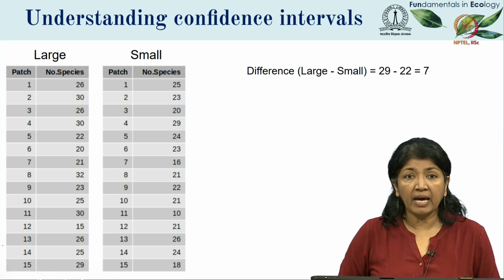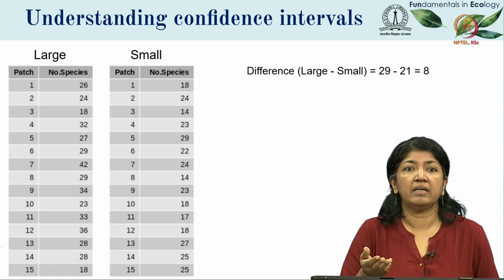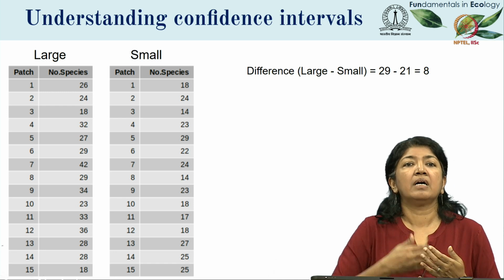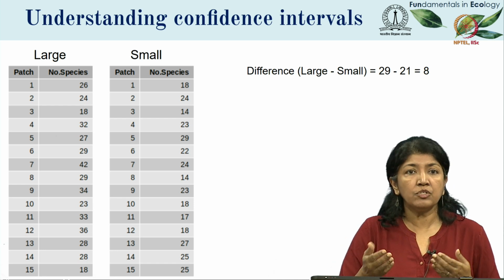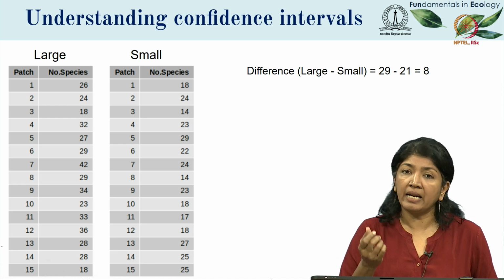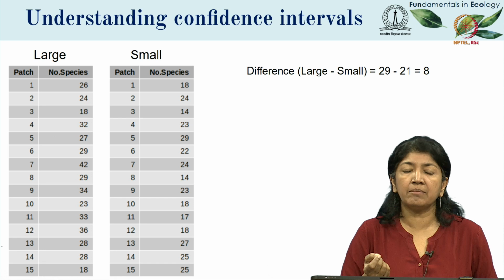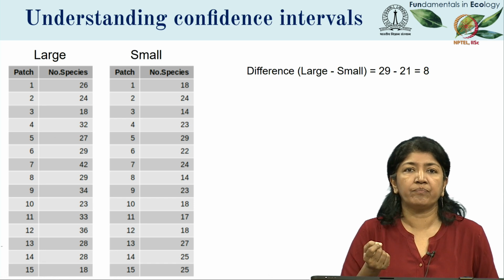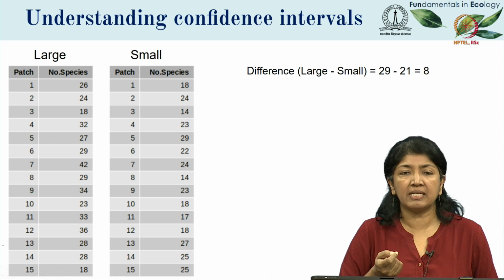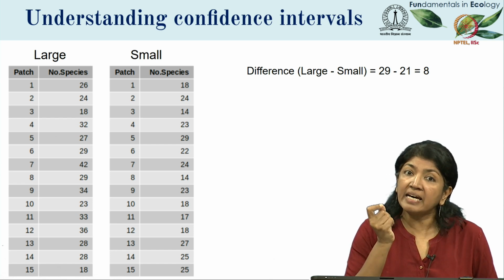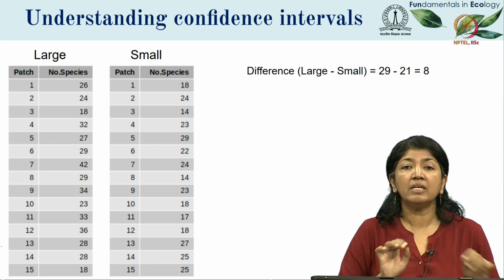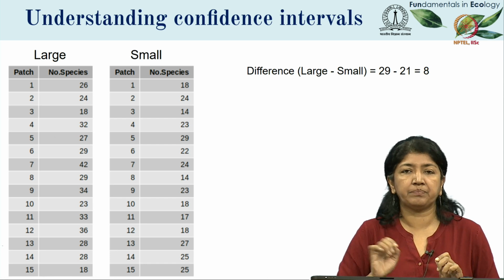If I were to carry out this study again, I am going to get a different data set, a different set of values for large patches and a different set of values for small patches. And now the mean difference in my sample is 8. So, each time we carry out our study, we are getting one guess at that true population parameter, the true value that we are trying to get at.